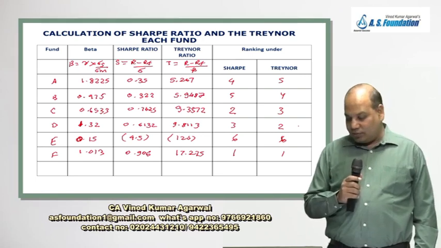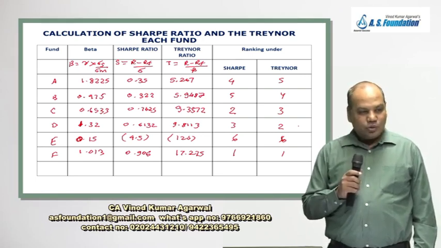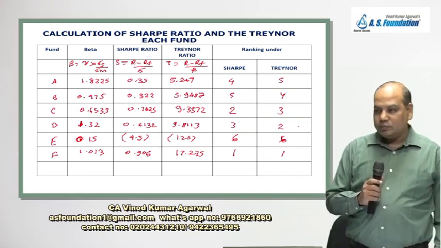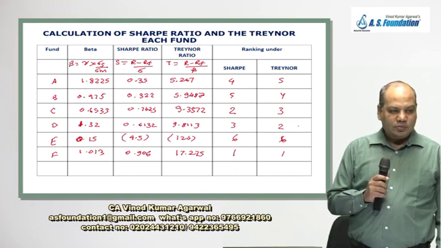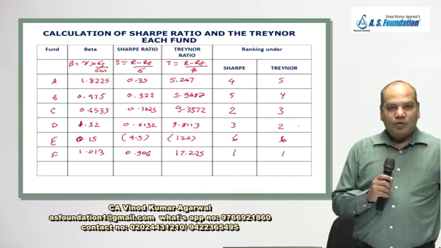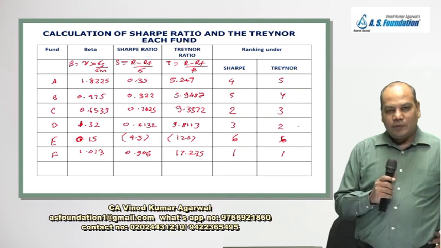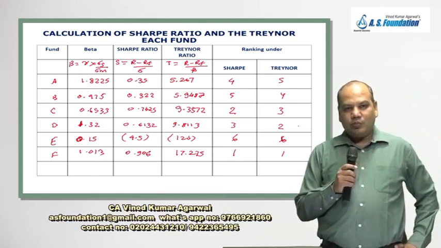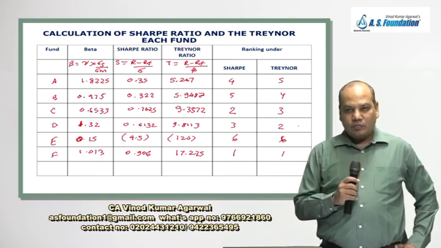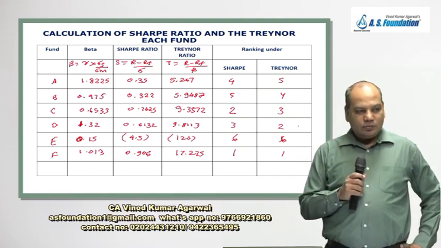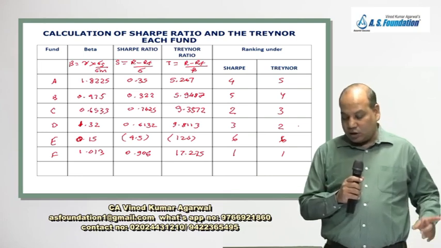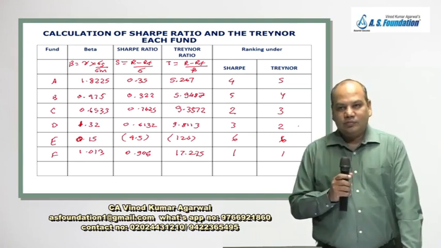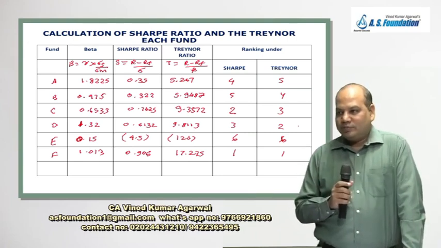Beta is dependent on the correlation of the fund with the market portfolio. The higher the correlation, the higher will be beta.